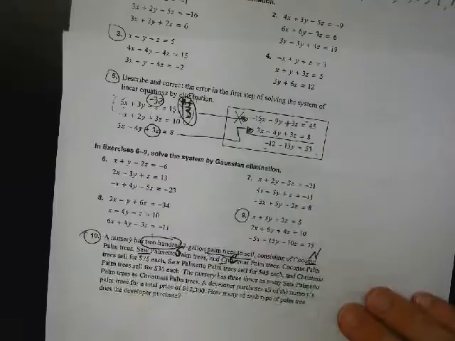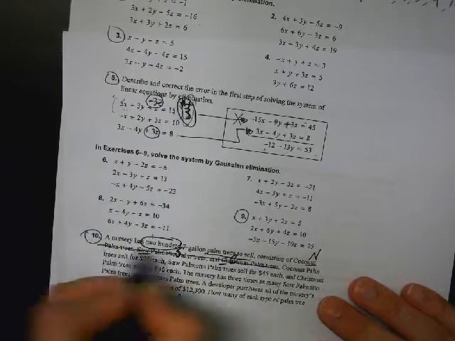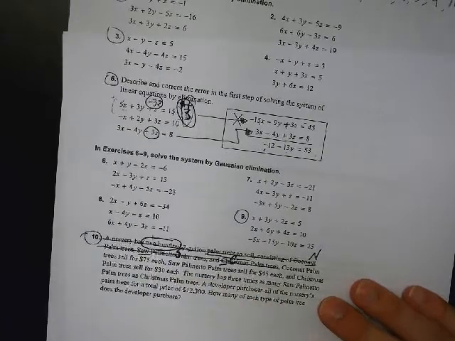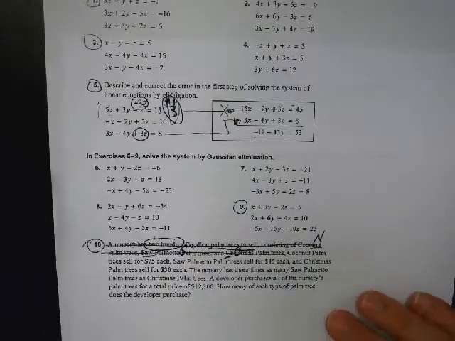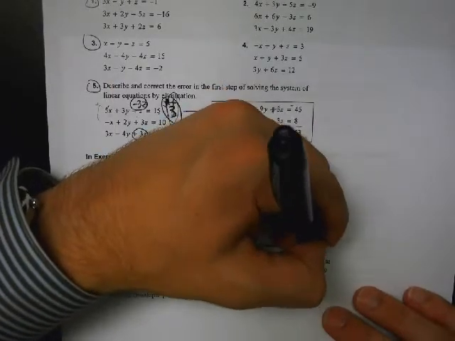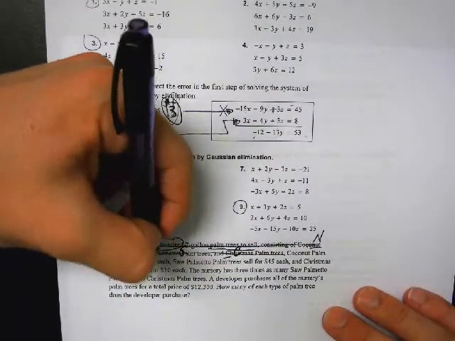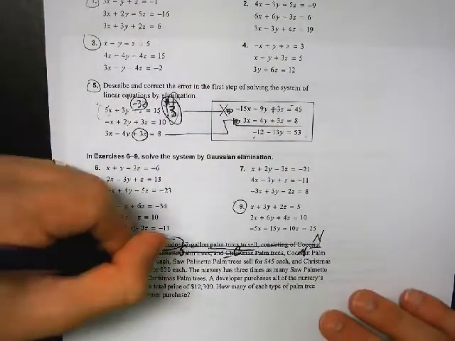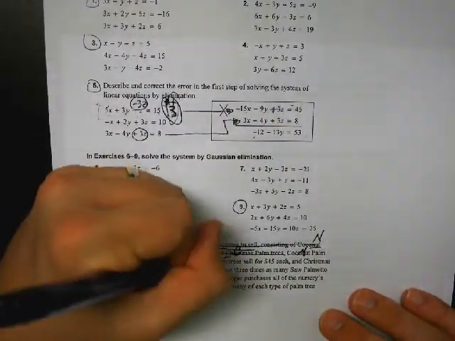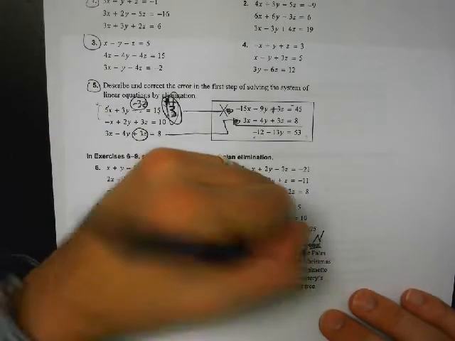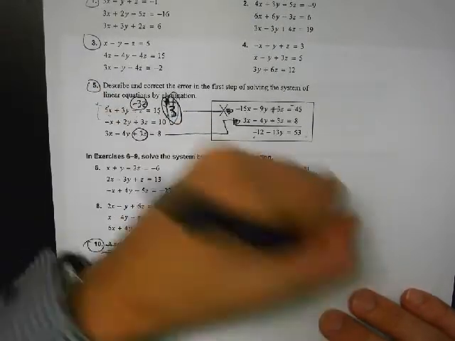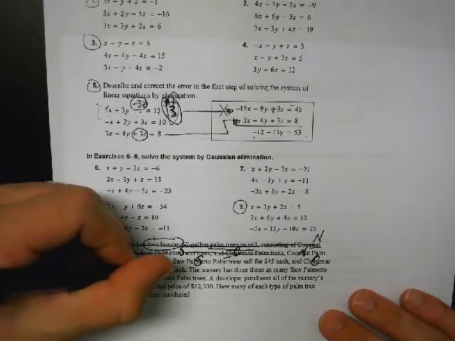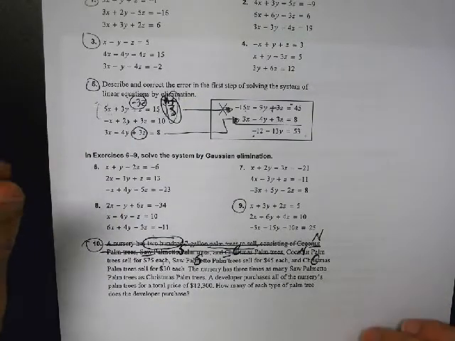Okay, so now that takes care of our first line. Our second line says coconut palm trees sell for $75 each. So $75 each for that one. For the saw palmetto, they are $45. For the Christmas, they are $30.